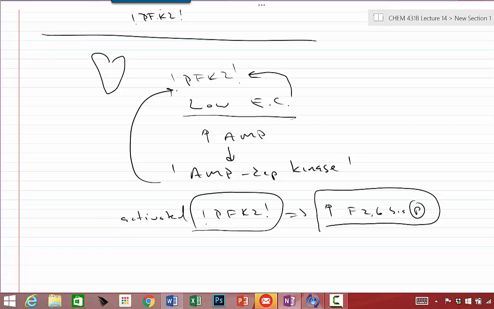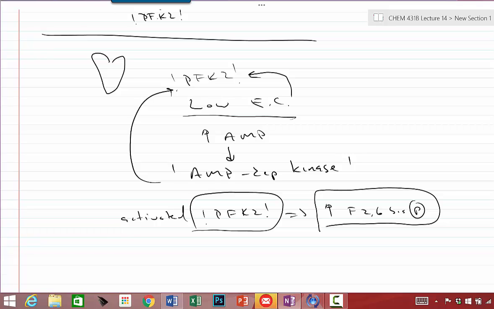Let me show you again a couple of images from your book. This is an amazing enzyme, this AMP-dependent kinase, because it responds to low energy charge. This is on page 762 of your book.